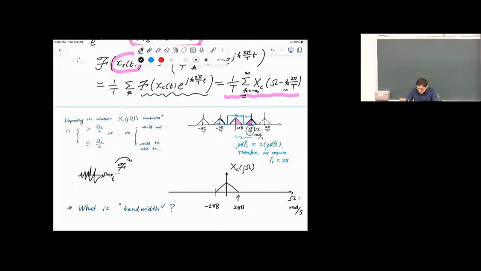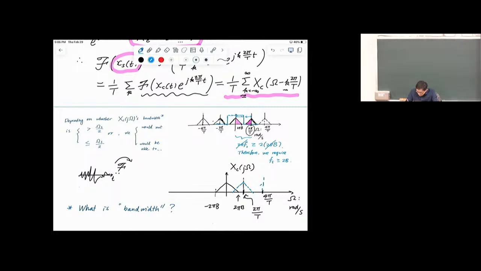If this frequency right here is 2 pi divided by T, and 2 times that is 4 pi divided by T, then we are going to have extra copies, but now they interfere, they overlap.